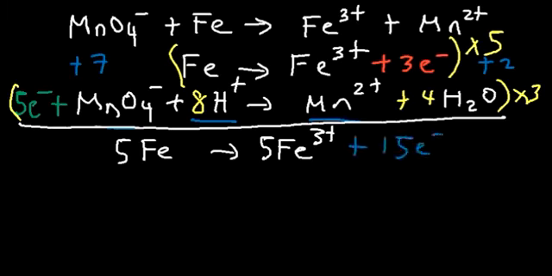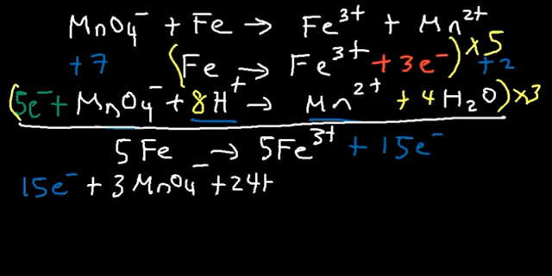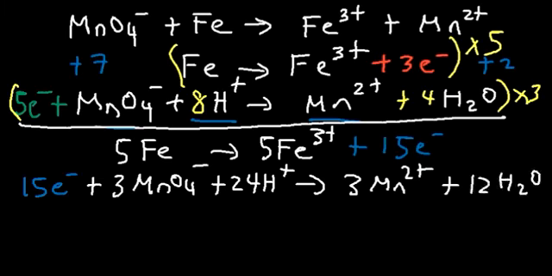And below that, we have 15 electrons, three permanganate ions, 24 H plus ions, 3 Mn2 plus ions, and 12 H2O molecules.